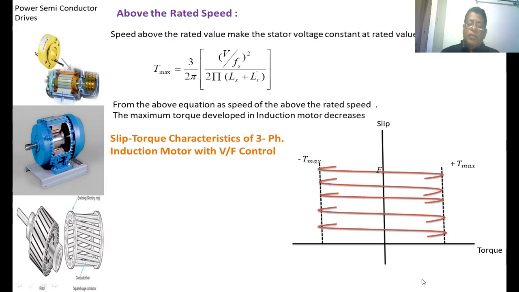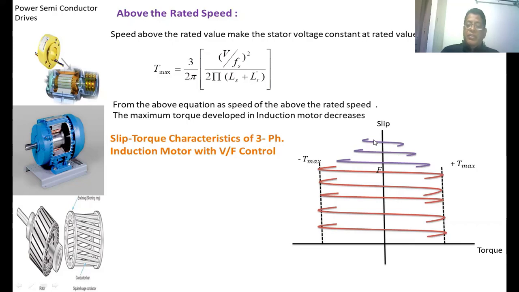Suppose you want to run the motor above the base speed. Then you have to increase the frequency at the rated voltage. So the maximum torque developed in the induction motor during motoring as well as braking will be decreased. If the frequency is increased further, this is the characteristic of motoring, with decreasing maximum torque during the motoring operation as well as the braking operation.